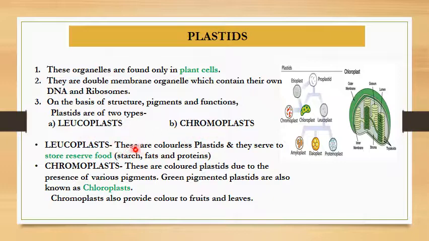Leucoplast, these are colorless plastids and they serve to store reserve food material like starch, fats and proteins. Chromoplast, these are colored plastids due to the presence of various pigments. Green pigmented plastids are also known as chloroplast. Chromoplasts also provide color to fruits and leaves.